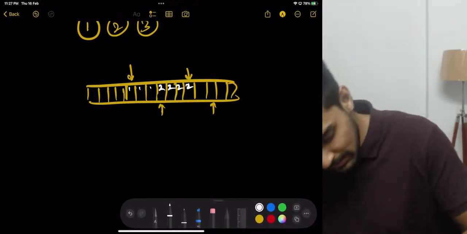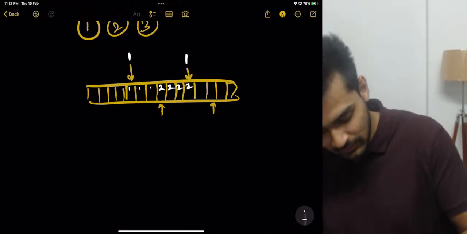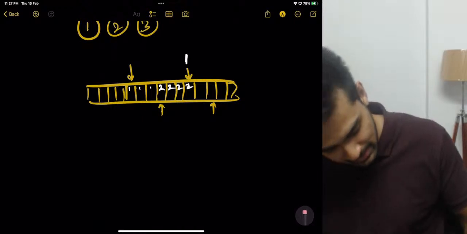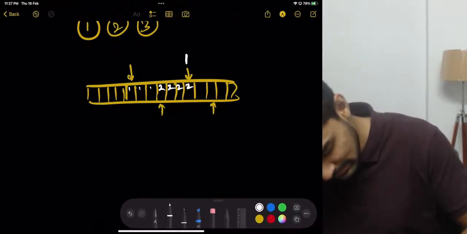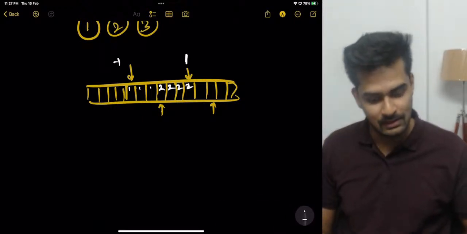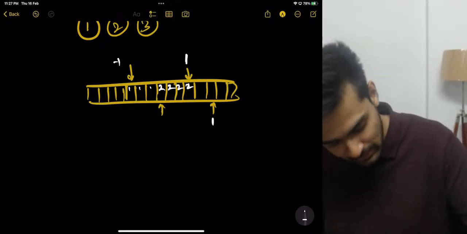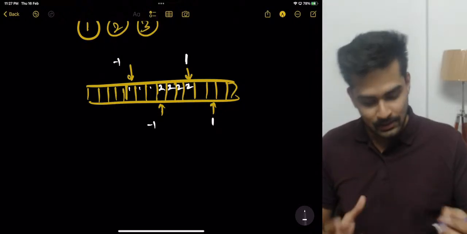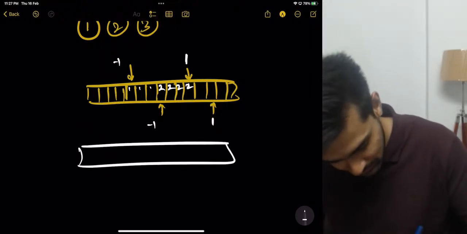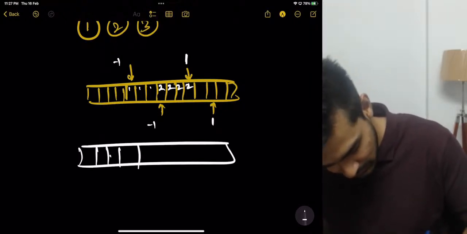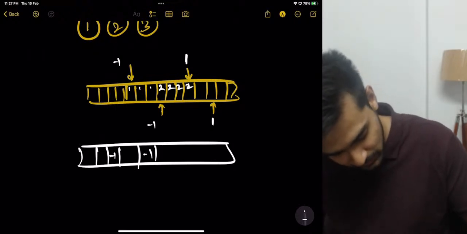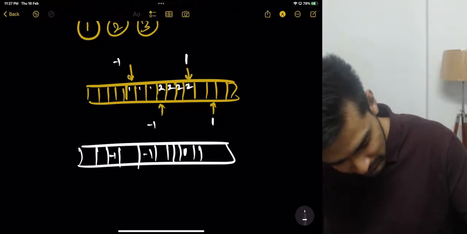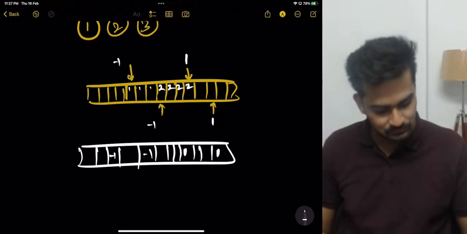One other way of doing this is you mark this index as 1 and the index before this as minus 1. Similarly, you mark this index as 1 and the index before this as minus 1. Now your array becomes, let's say, minus 1 here, then moving forward you have 1 here, and moving forward another 1 here.